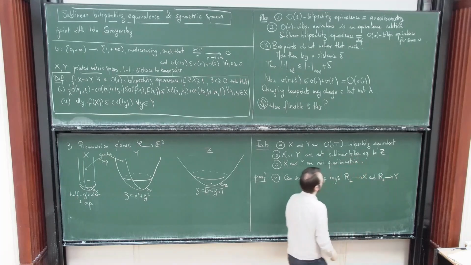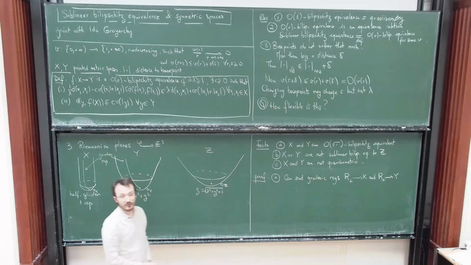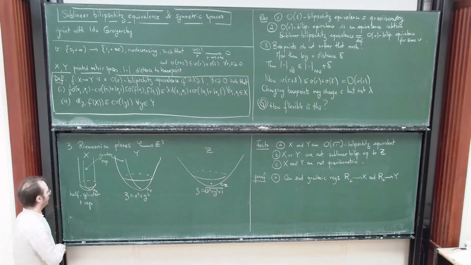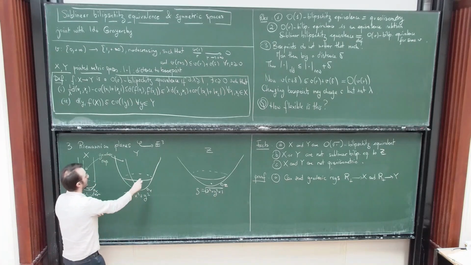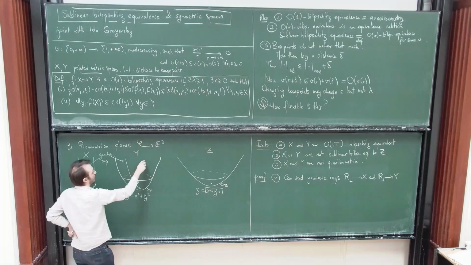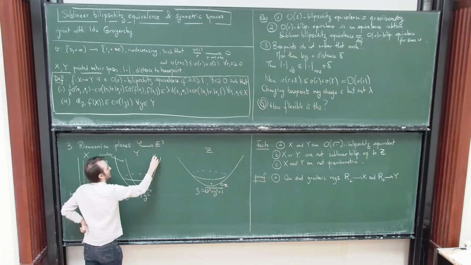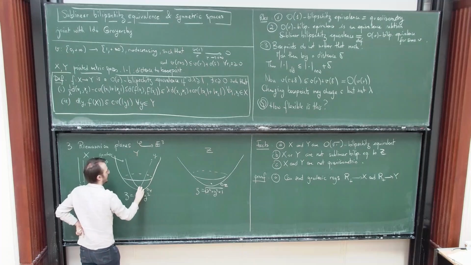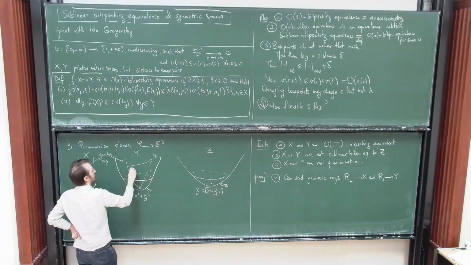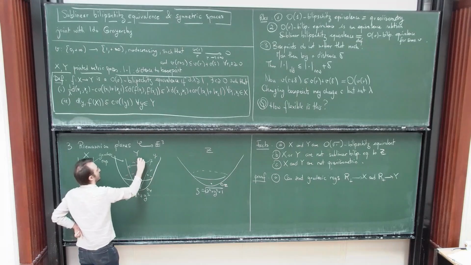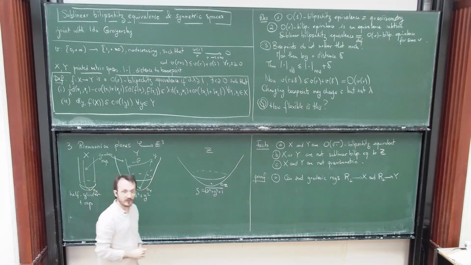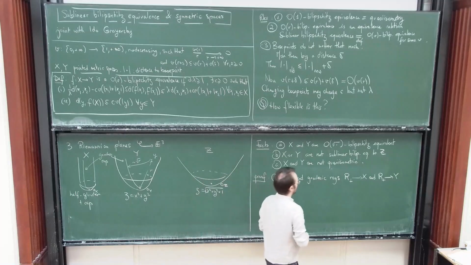And so what happens is that they obviously have condition 1, and it's not too hard to check that they also have condition 2. I check it for Y: if you take any point y in Y at a distance about r from the origin, then the distance to the geodesic is about square root of r, times some constant.